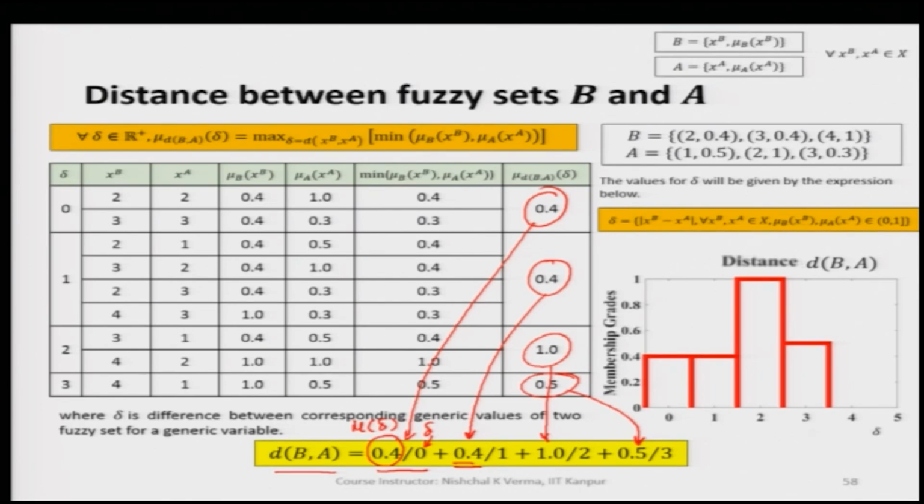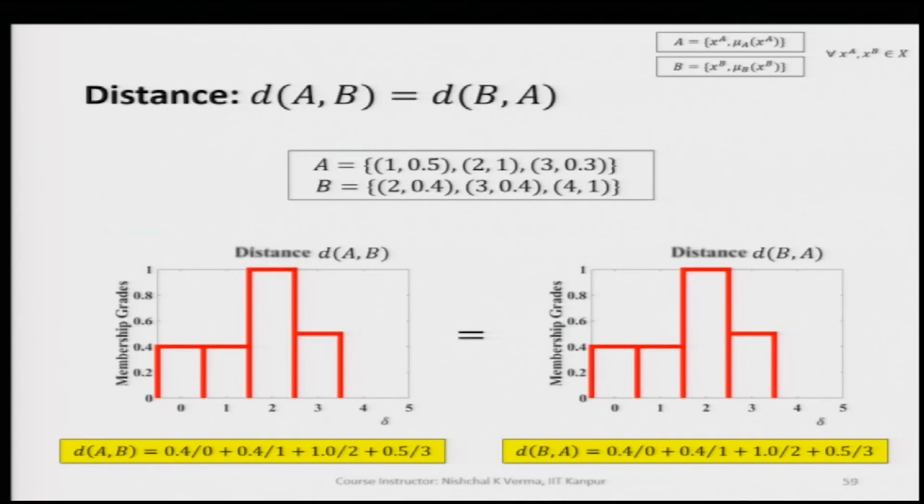And when we plot this fuzzy set, we are going to get a fuzzy set which is exactly the same as the fuzzy set for the distance between fuzzy sets A and B we have got in the previous example. So, we can clearly see here that whether we calculate the distance between A and B fuzzy sets or B and A, both are the same.